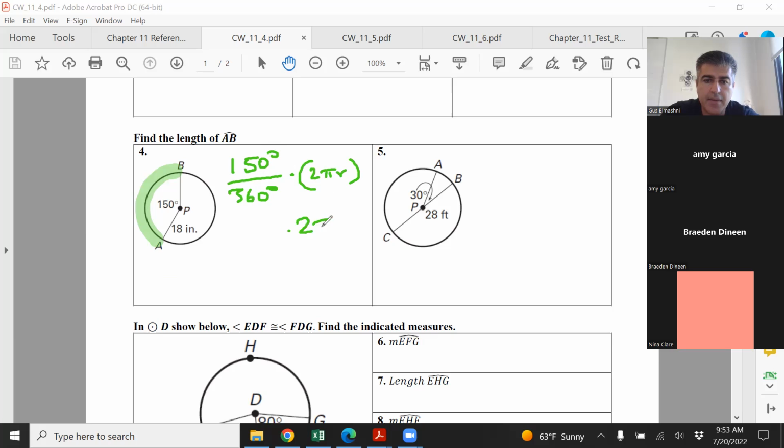So it's 2 pi times 18. And that's 150 over 360, so that's 15 over 36. Each of those are divisible by 3, so that's 5/12. Those cancel. You get 15 pi.